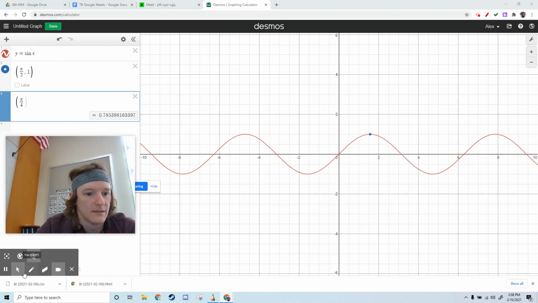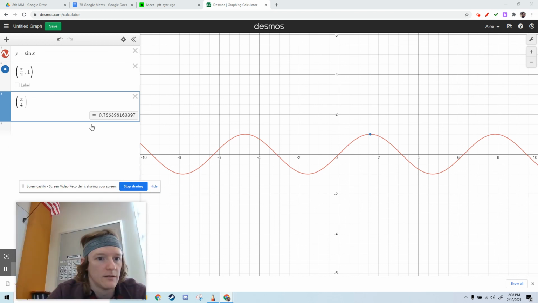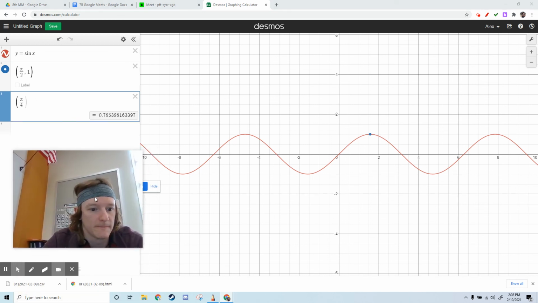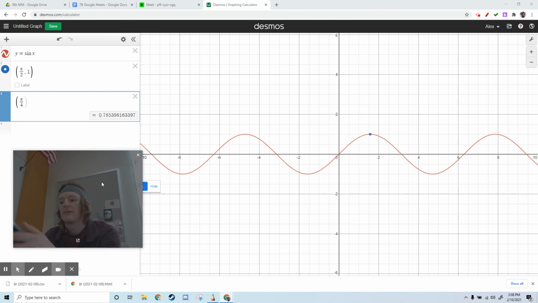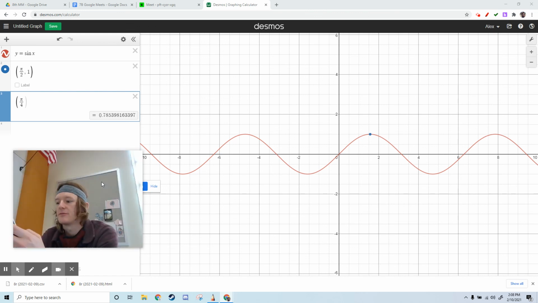Comma, square root. Not sure. Well, let's type it and round it. Square root of 2 divided by 2, you get 0.707.